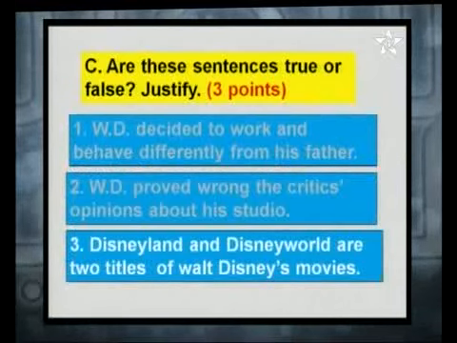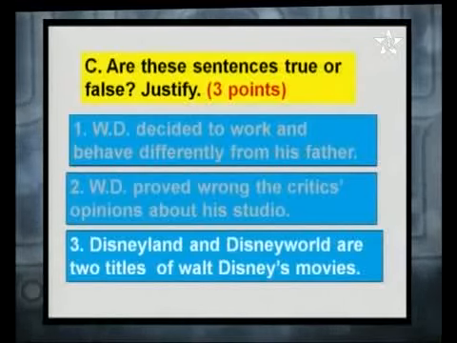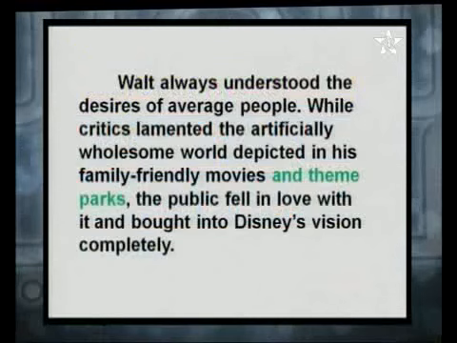Now, number 3, Disneyland and Disney World are 2 titles of Walt Disney's movies. It's a bit hard question because the answer is not directly given in the text, but I think you've got to use your imagination as well as your experience to give this answer. Right? Same procedure, please, same strategy. Try to select your reading.